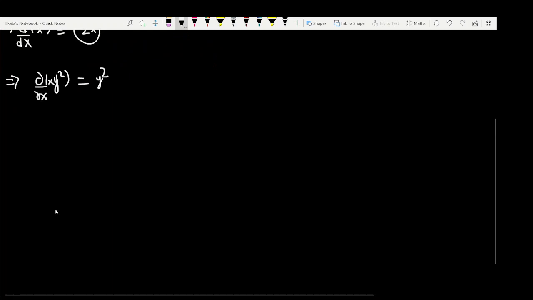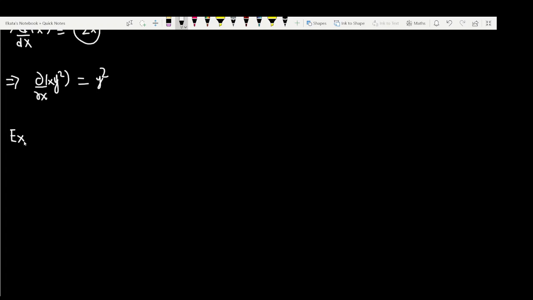So that's the basic definition. Now let's look at some examples on the basis of this partial differentiation. Let's say x squared y cubed. This is a function which is dependent upon x and y, so it has two variables.